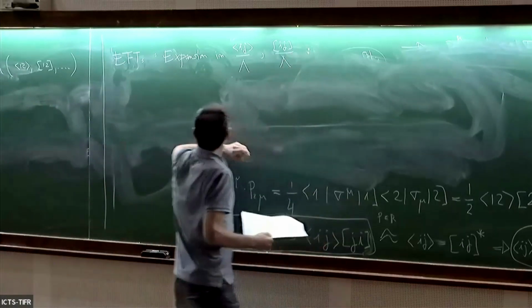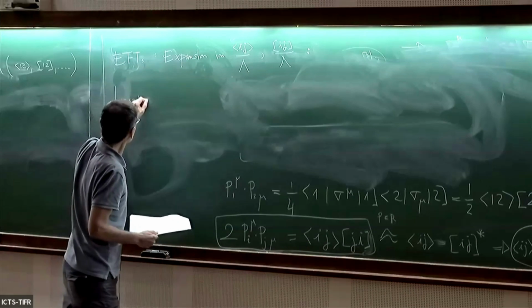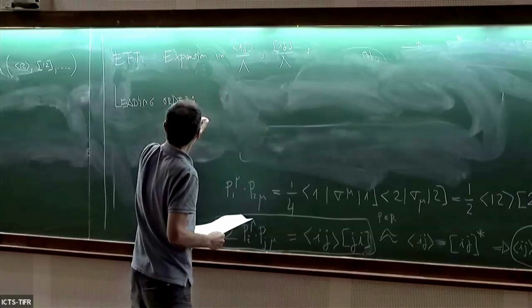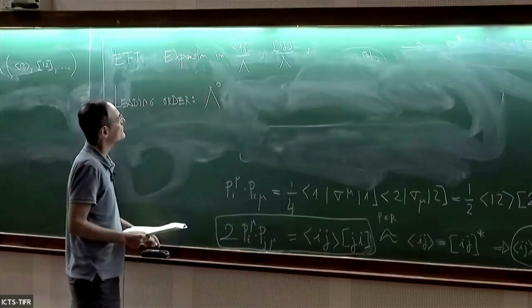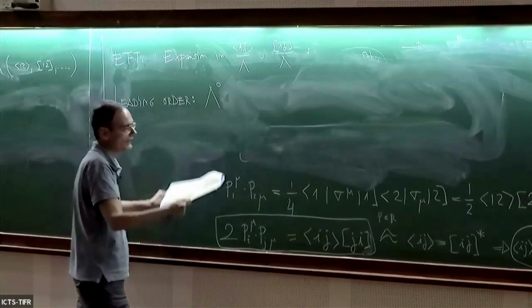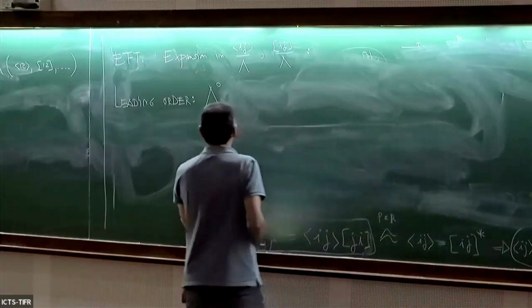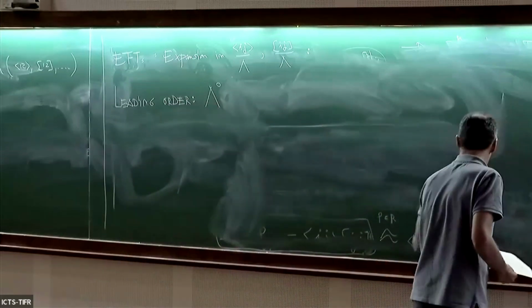We start at first leading order, so it says lambda to the 0. No lambda appearing. So I have to write the first amplitude where lambda does not appear, as in the standard model.